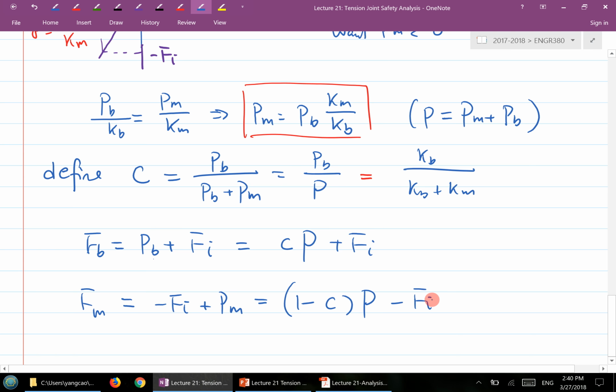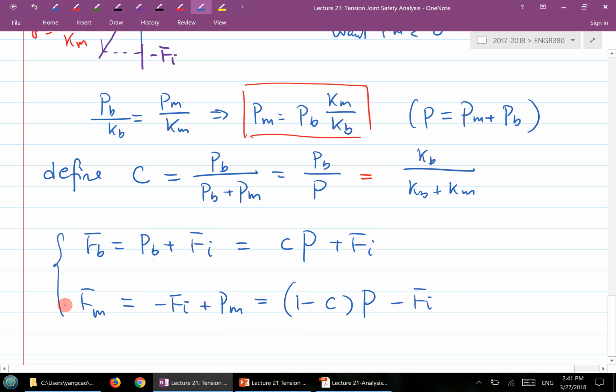So C essentially is a portion. You can see the definition of C is the portion of the external load applied to the bolt, and 1 minus C is the portion of the load applied to the member. Okay. So these are the two formulas, one for Fb and one for Fm.